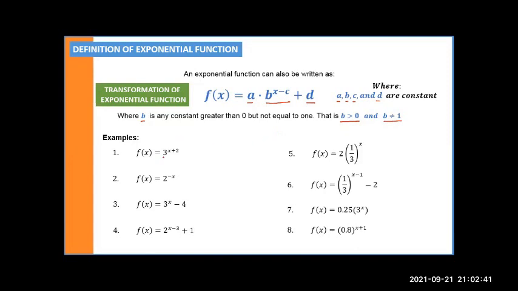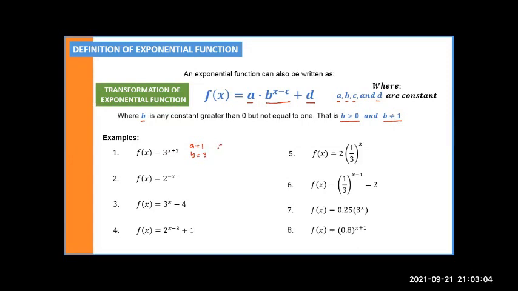So we have f of x is equal to 3 raised to x plus 2. Now, kung i-analyze natin yung a, b, c, and d, so ang a nito is 1. Hindi lang natin sinusulat. Yung coefficient nakatabi ng 3. And then, ang base natin is of course 3. Yan.